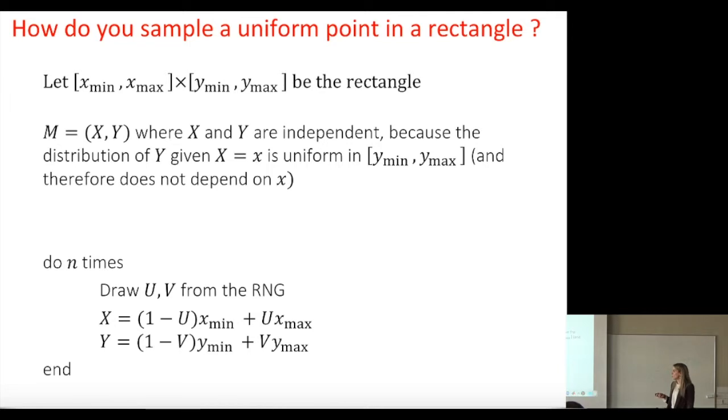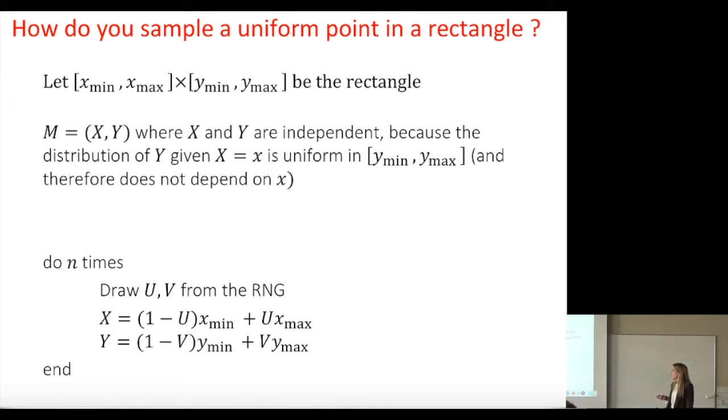In order to do this, we scale u, and we practically do x = x min + u × (x max − x min). So we have a random number u from the uniform distribution between 0 and 1, and we bring it between x min and x max. And then we have a random sample for the x coordinate x.